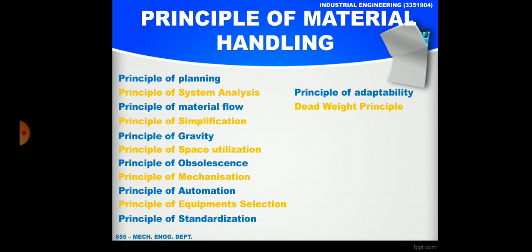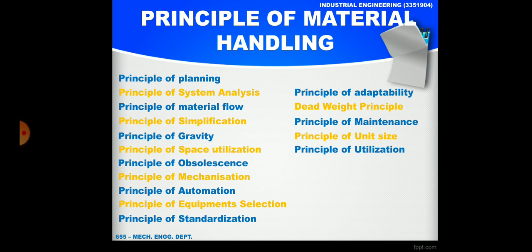Deadweight principle. It's known as loading and unloading of the material. Principle of maintenance. If proper material handling is carried out, less maintenance is required. Principle of unit size. With proper material handling, we can produce more product or units. Principle of utilization. We can better utilize man, machine, and equipment.